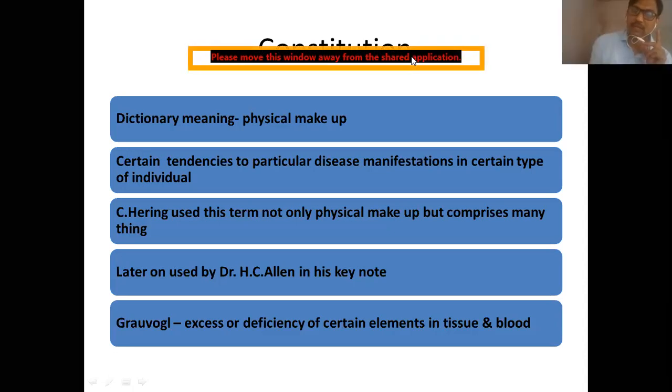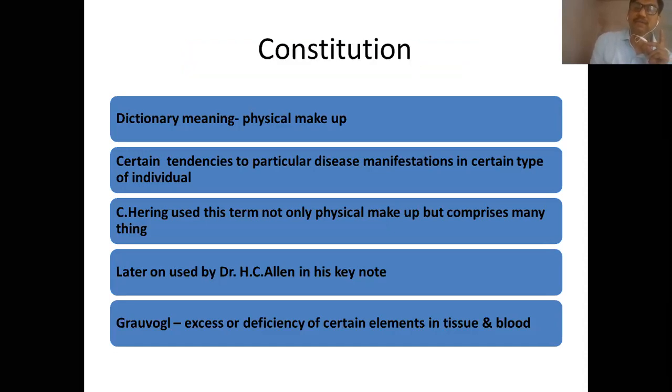For example, a lean person will have more tendency towards the development of some specific diseases.